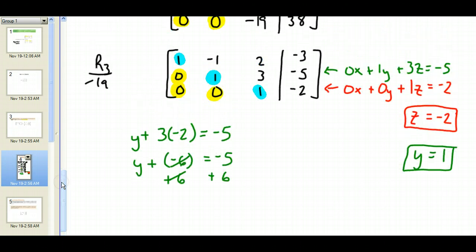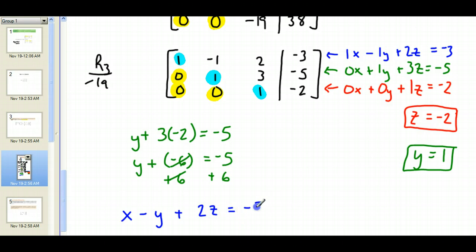Then finally, the top equation says 1x minus 1y plus 2z is equal to negative 3. So x minus y plus 2z equals negative 3. I'm going to substitute in again.